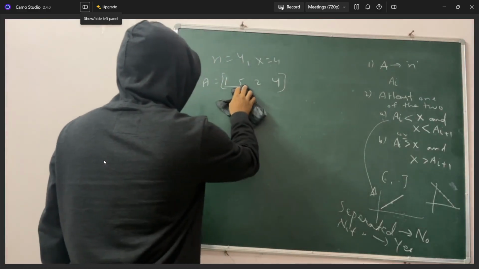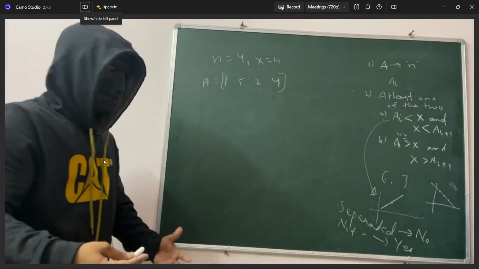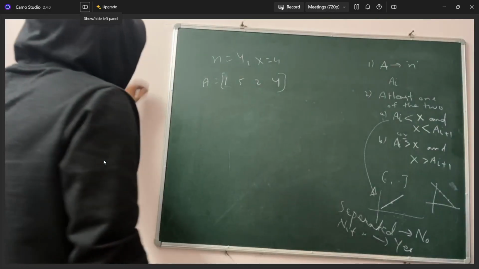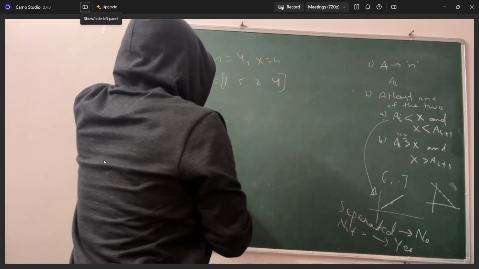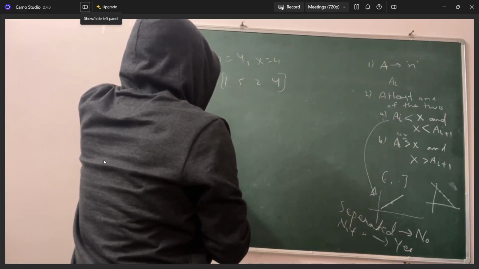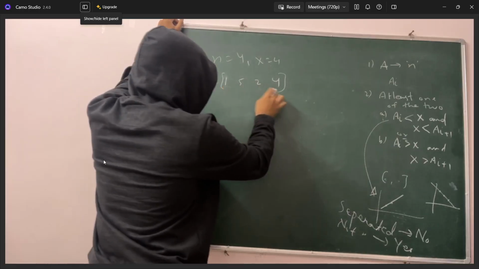Now let's try to understand how to solve this problem, because arrangements we can't find, right? We'll have to look into the problem statement. See, no matter what arrangements you make, let's try to understand this. First you need to sort this array.